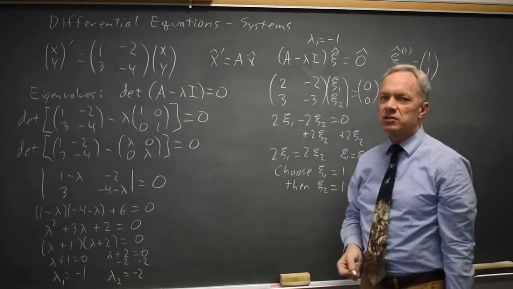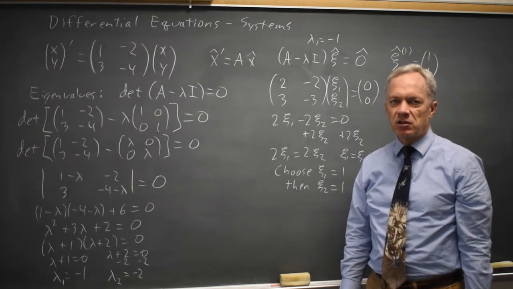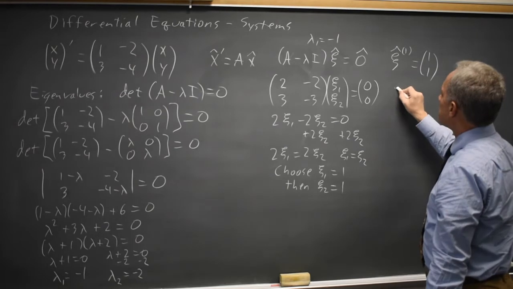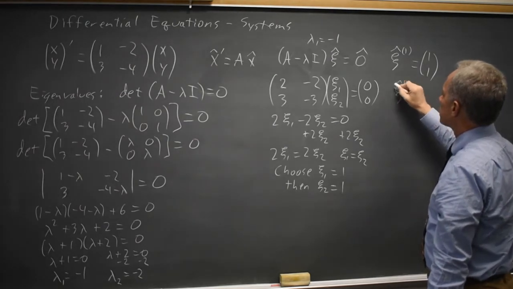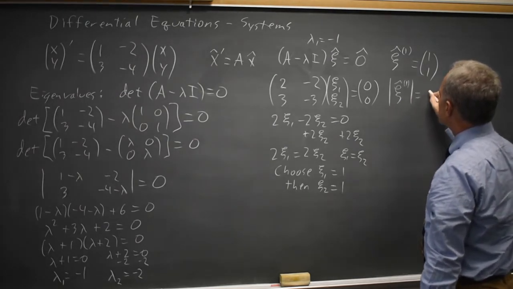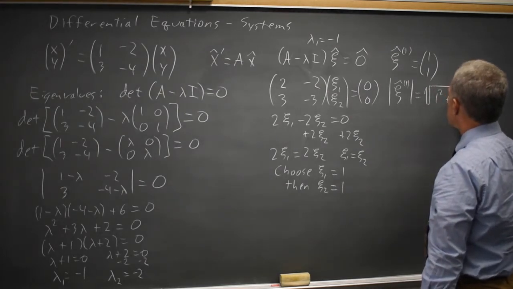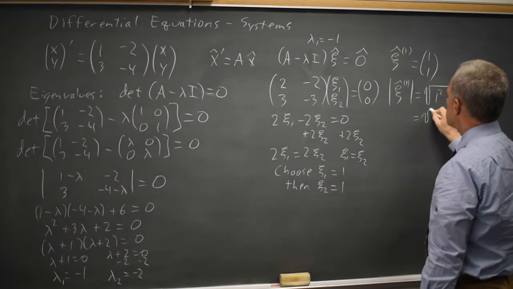In some fields, there is a convention that eigenvectors always have magnitude 1. The magnitude of your eigenvector is the square root of the sum of the squares of the two components. So that would be root 2.